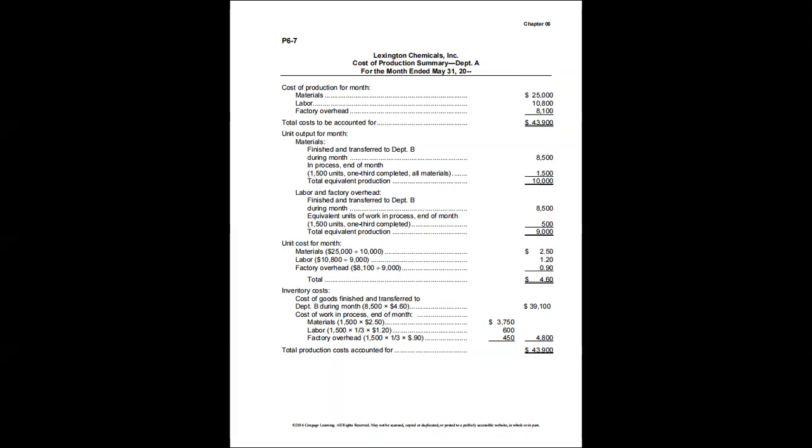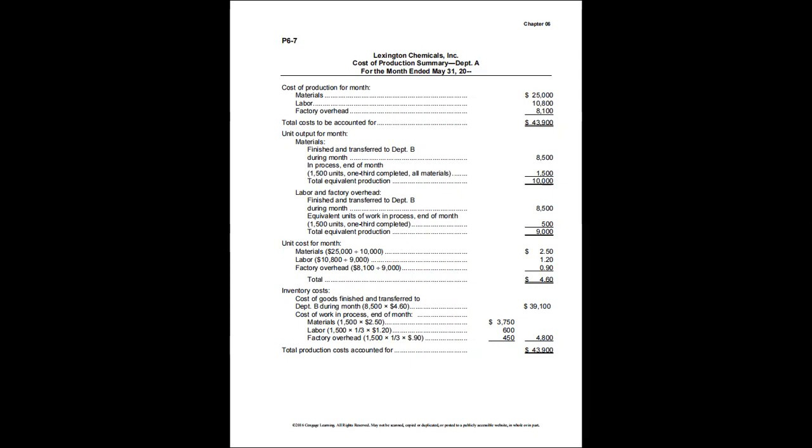So we now begin with Department A, the cost of production for the month, the cost of materials, labor, and factory overhead with the total cost to be accounted for equal to 43,900. Then unit output for the month broken down into materials and labor and factory overhead.